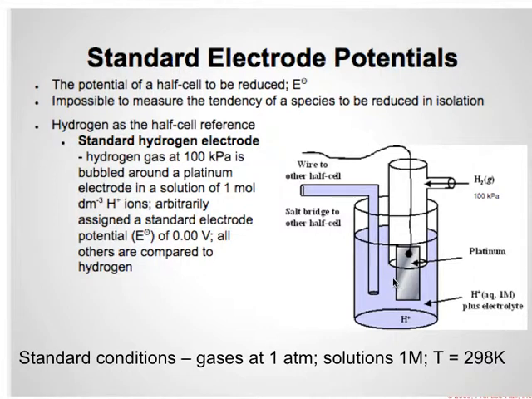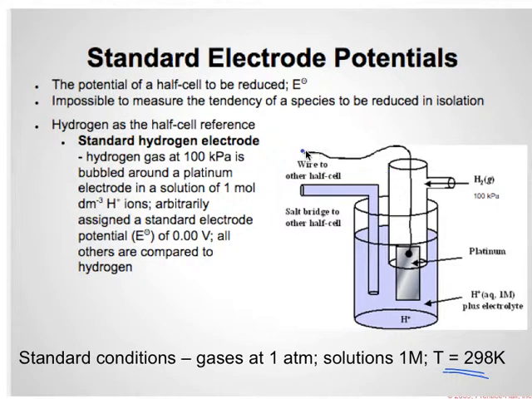And this is what the standard hydrogen cell looks like. You should be able to draw this from memory as well. Oh, you know what I didn't mention in the standard conditions is 25 degrees Celsius.